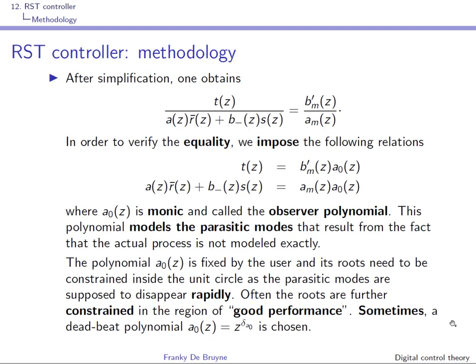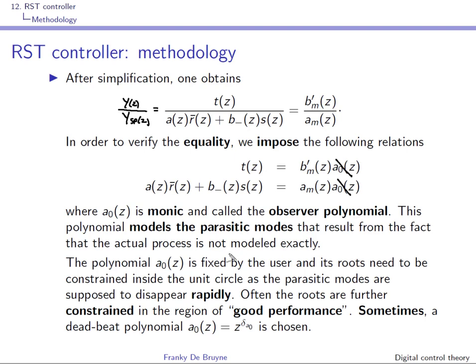Well, we had seen previously that the A0 polynomial, the observer polynomial, which models the parasitic modes, actually disappears from the closed loop transfer function from set point to controlled output. And you can see this over here, right? This is this ratio that you find over here, and you can see that the A0 polynomial cancels out, right?